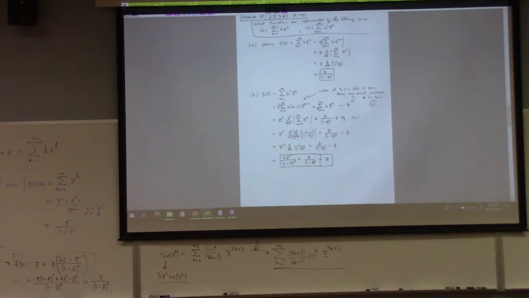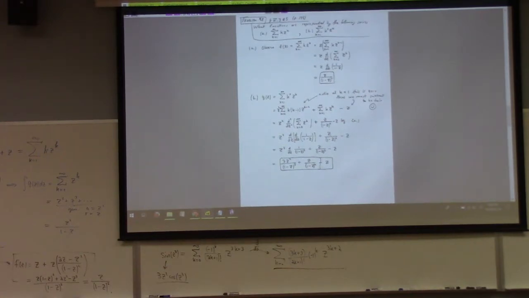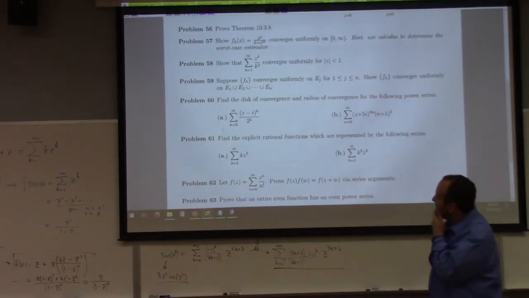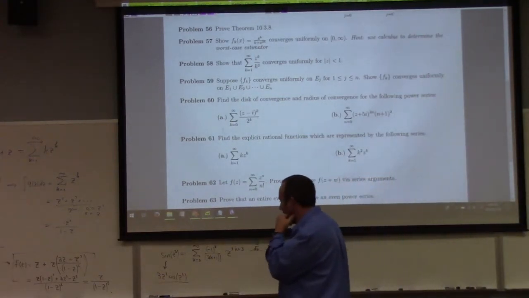So part B of 60, it kind of looks complicated. Let's see here. Find the disk and radius of convergence for the following series.